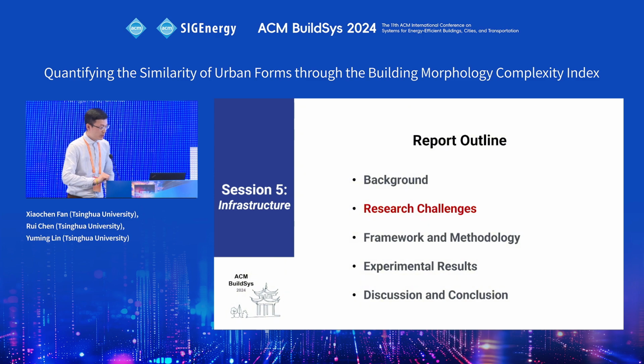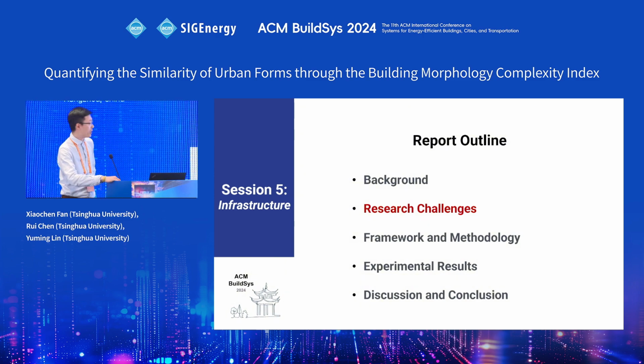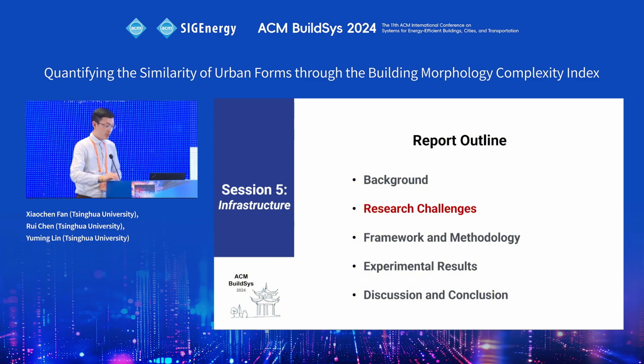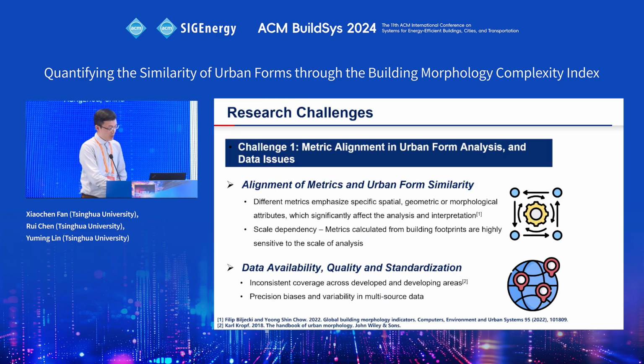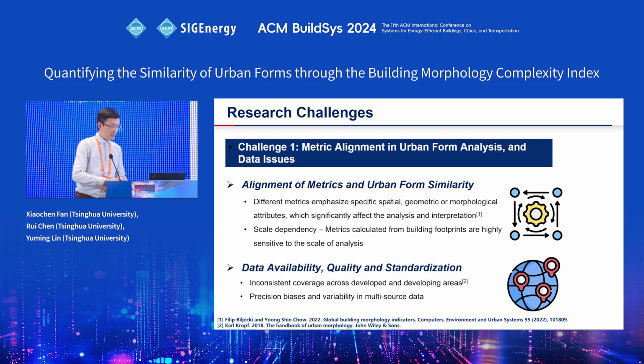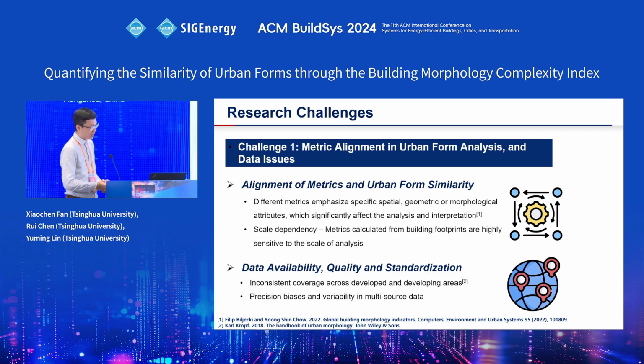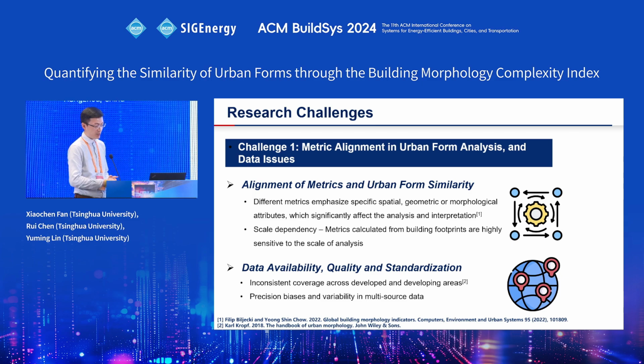And also, there are two research challenges in quantifying the similarity of urban forms using building footprint data. The first is that there is a lack of alignment of metrics for measuring urban form similarity.